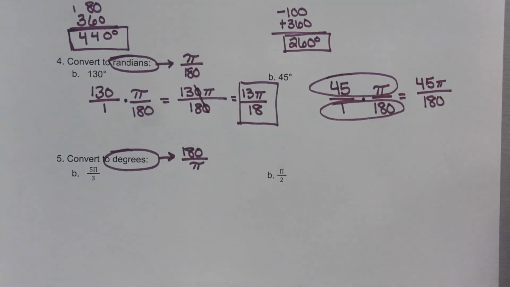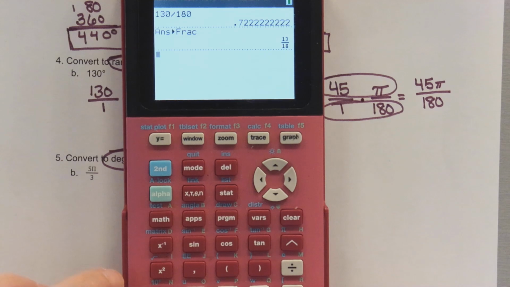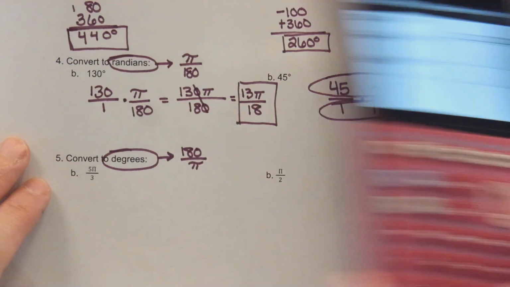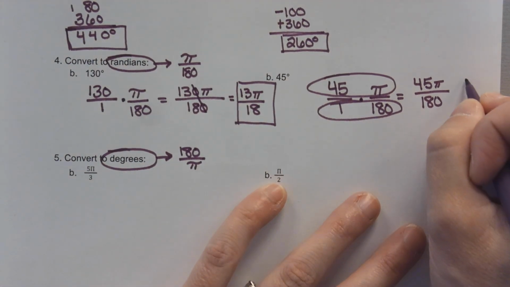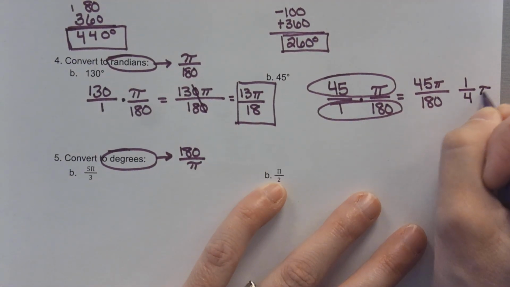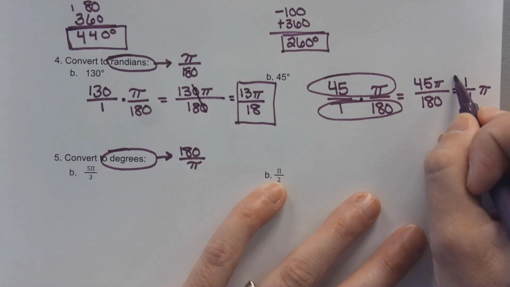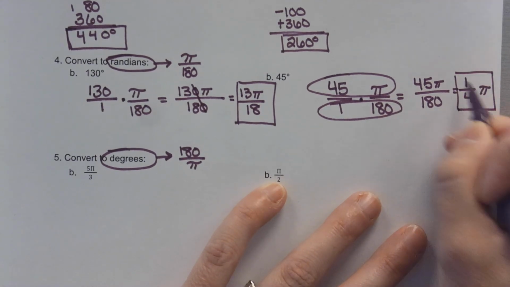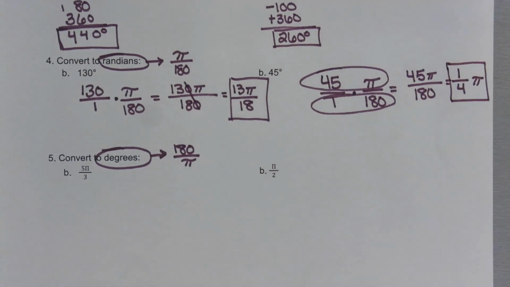So if I go to my calculator, 45 divided by 180, do we know that decimal? 0.25, what is that? One fourth. Yeah, so you can write it as 1/4 pi, or you could write it as pi over 4, either way.